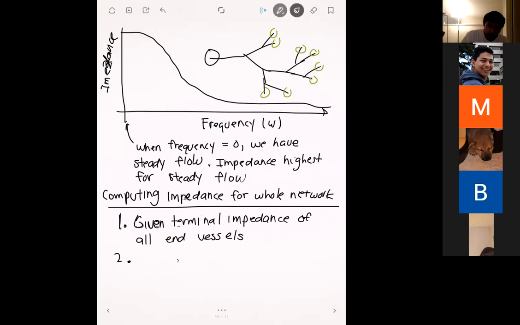Step 2. And so step 2, given all of the terminal impedances and the characteristic impedances, or you have to have a way to compute the characteristic impedances. Okay. Step 2 is to compute the reflection coefficient for all of those end vessels.